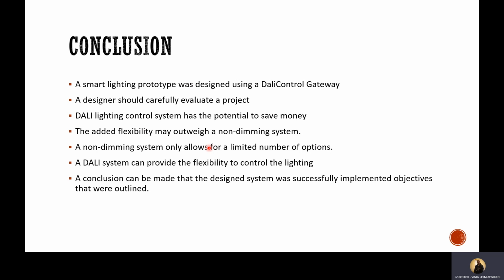Non-dimming systems only allow a limited number of options, which is on and off. So it's a very flexible lighting control system, and I can conclude that I've successfully reached my goals for this system.